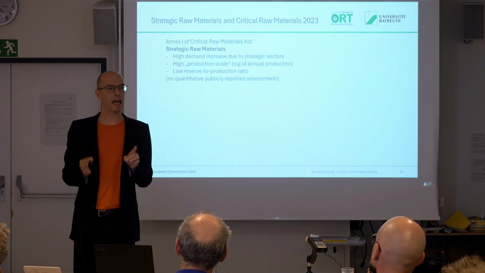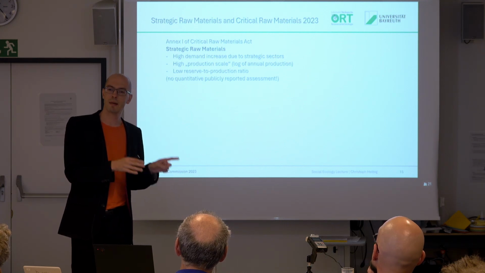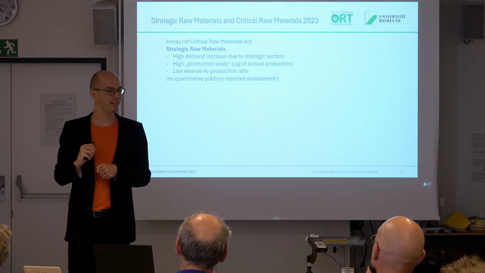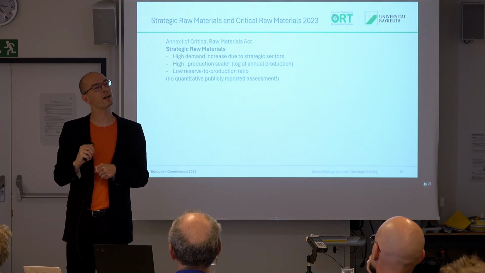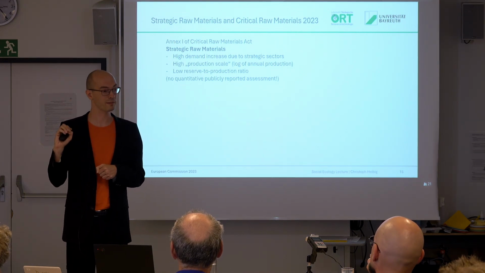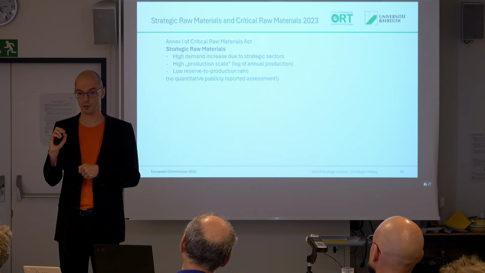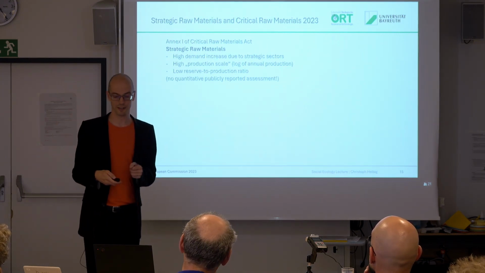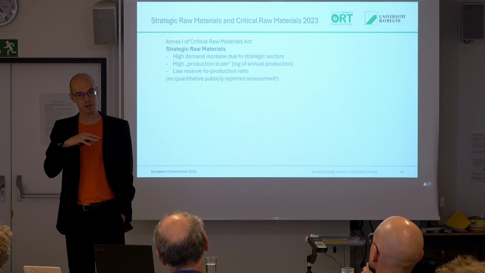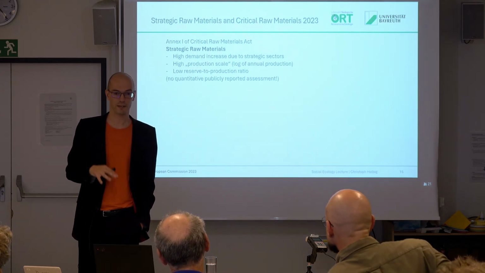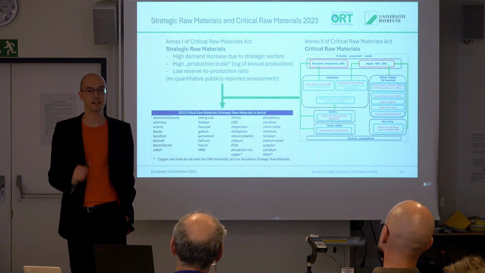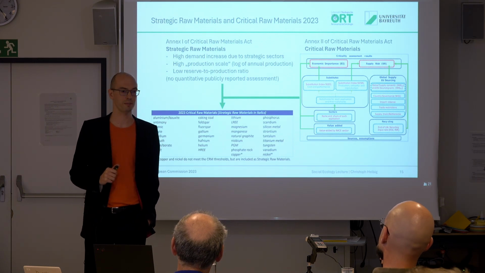It even came up with a proposal, and then member states said, oh, actually, we would like to have aluminum on that list as well. And they said, oh, actually, it's not just natural graphite, it's synthetic graphite as well. So it should also be on the list of strategic raw materials. So they expanded those kinds of assessments. And the one thing that they did, and I personally think this is a huge flaw because it undermines terminology, they said, well, every strategic raw material is automatically also a critical raw material.